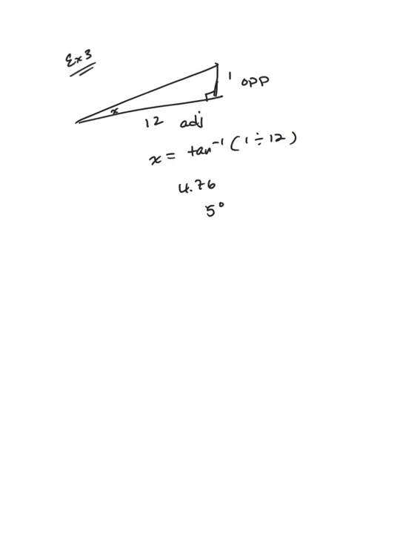All right, kids, here's a more difficult problem. Okay, so let's say we have a picture like this. And then I'm going to have a right triangle going this way.